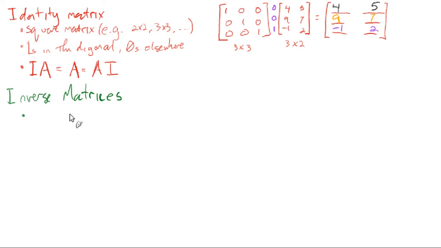Sometimes a matrix can have an inverse. The only matrix that can have an inverse is a square matrix, because one thing that you're able to do with a matrix and its inverse is flip the order that you multiply them, and they need to give you the same answer.